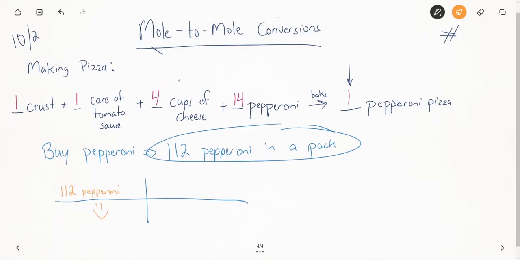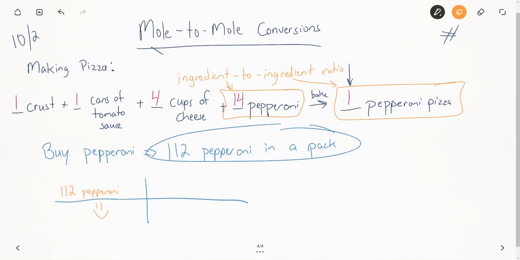What I'm going to use is an ingredient to ingredient ratio: the relationship of pepperoni to total number of pizzas I'm going to make for my party. So this is ingredient number 1, ingredient number 2, so to speak. The pizza itself is our product, but this is our ingredient to ingredient ratio for our example.